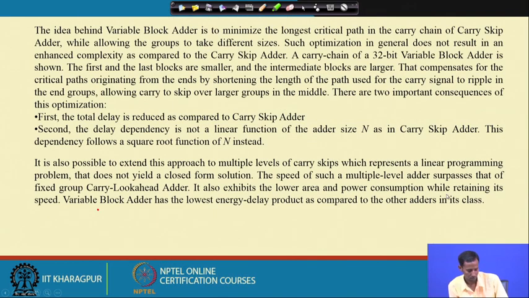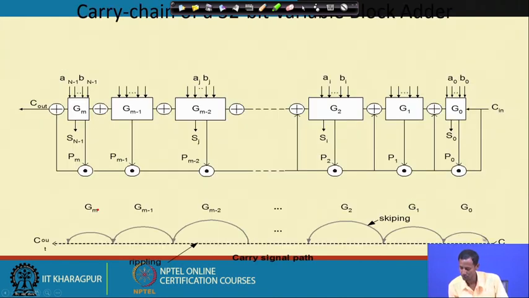For this particular group it can skip, then more are considered from this particular stage, so it can skip up to this, and again more from the P1, so it can skip over here.